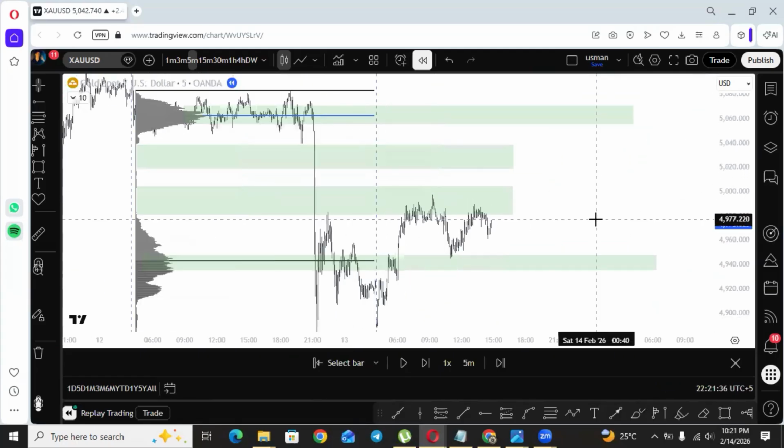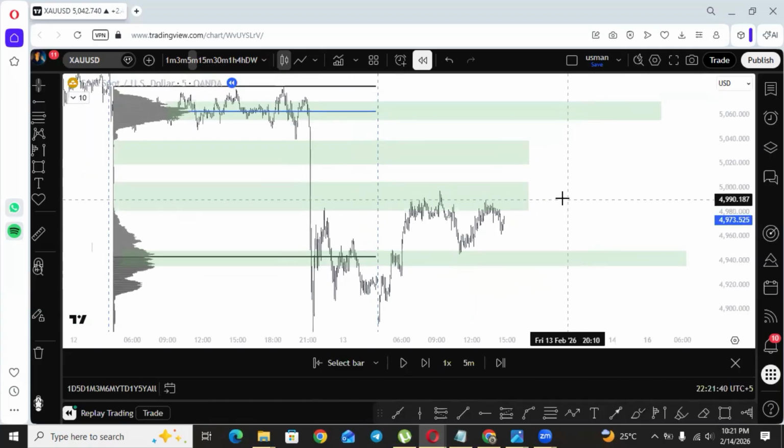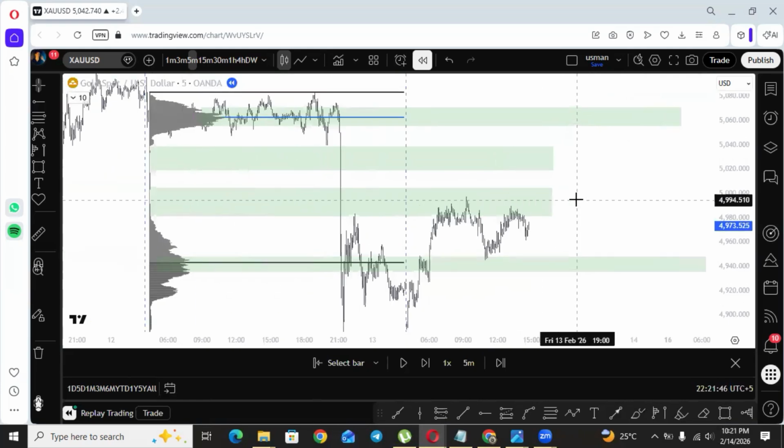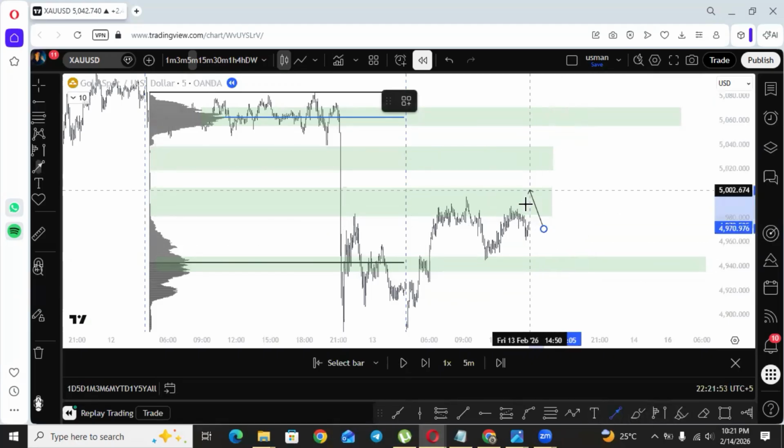I told you guys, in easy wording, if you are not aware of trading with volume profile and the auction market theory, that the areas which are currently above the price can be used as potential selling areas, and the areas which are below the price can be used as the potential buying areas.